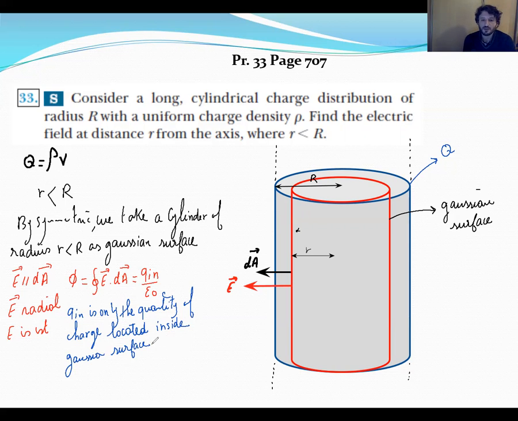Okay, here we have a uniform distribution.